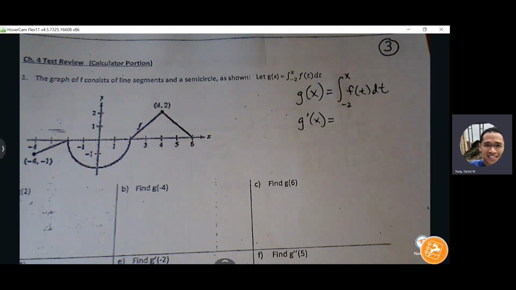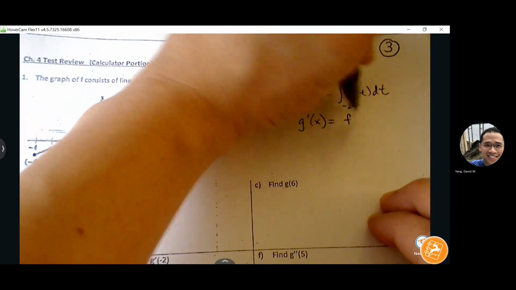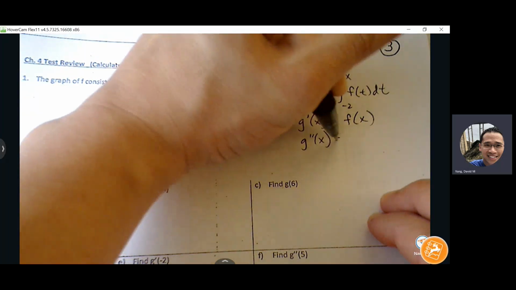So if G is sitting at a level above F, then G prime must be what? Good. So it's F, but then there's the second theorem going on, so this X will get inserted in here. So yeah, we can say F of X. Which means that G double prime is what?